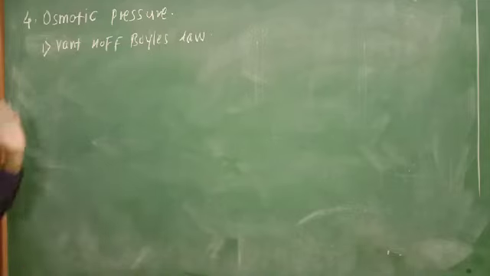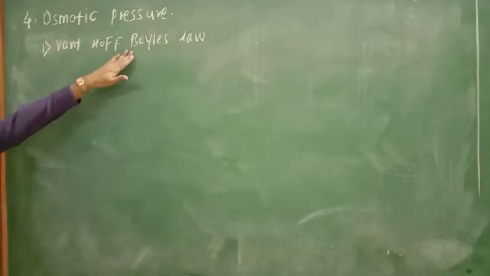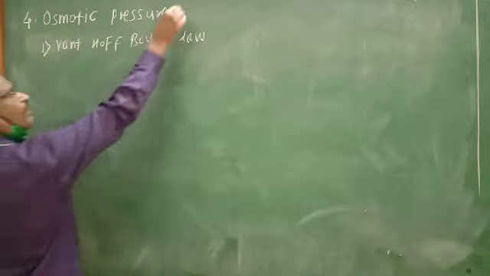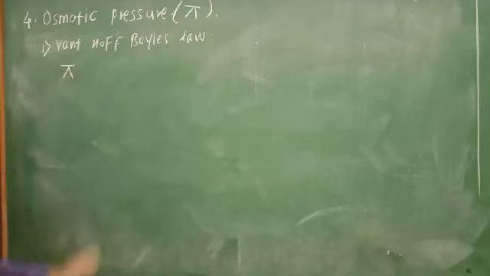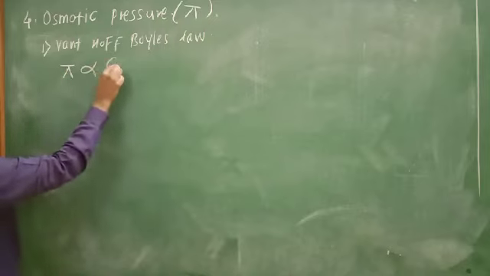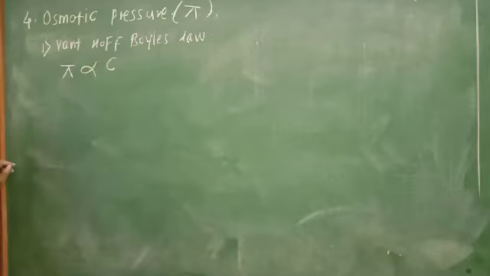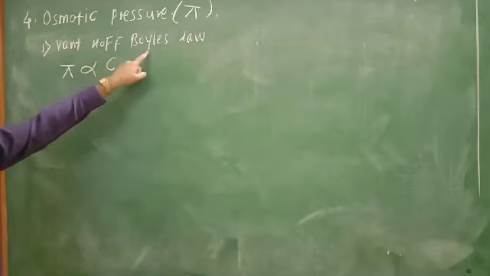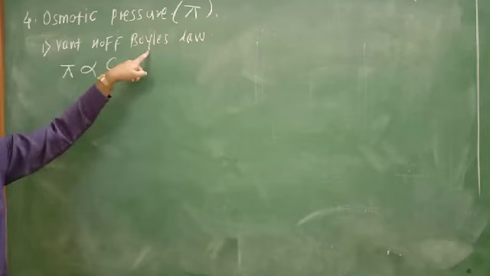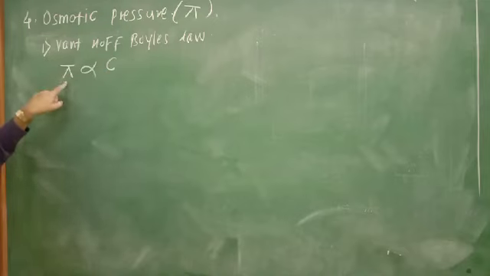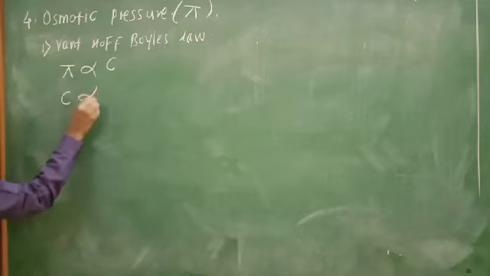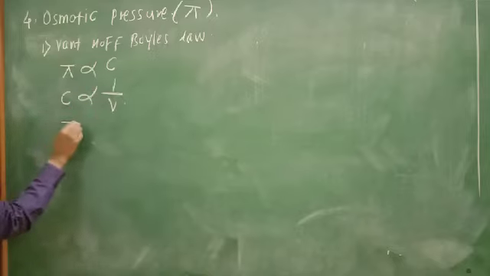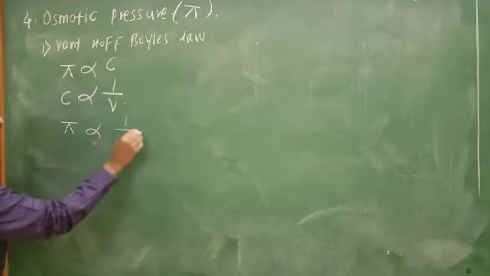Similarly here, according to Van 't Hoff Boyle's law for solutions, at constant temperature, osmotic pressure, designated pi, is directly proportional to concentration and inversely proportional to volume. We know concentration is inversely proportional to volume, therefore osmotic pressure pi is also inversely proportional to volume.